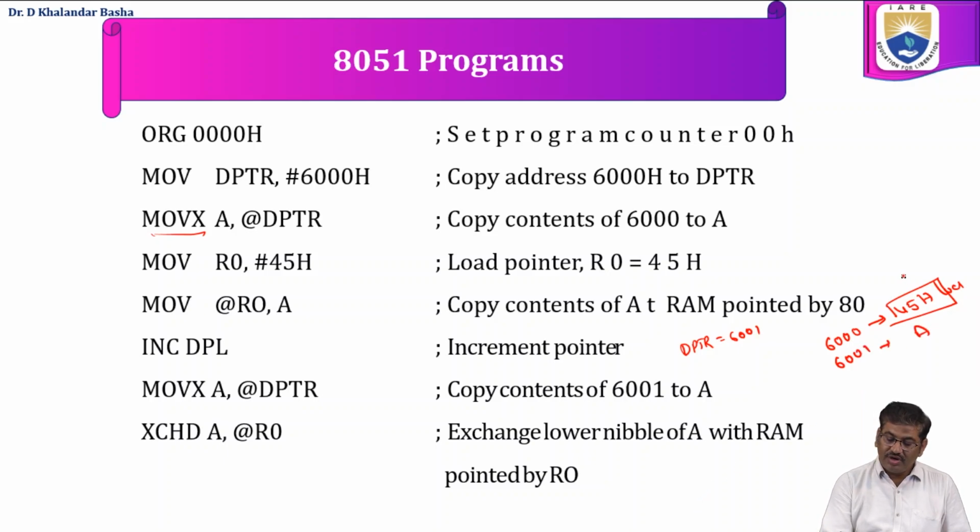Now the objective is to exchange the lower 4 bits. For exchanging the lower 4 bits, we have the instruction XCHD, exchange the lower nibble. We will write XCHD A, @R0. So the lower 4 bits of the R0 location will be exchanged with the accumulator's lower 4 bits.